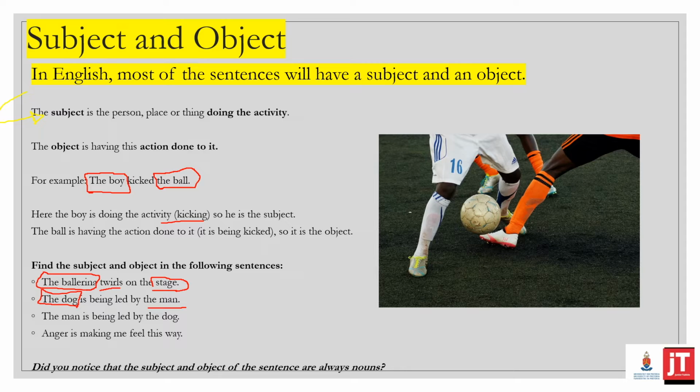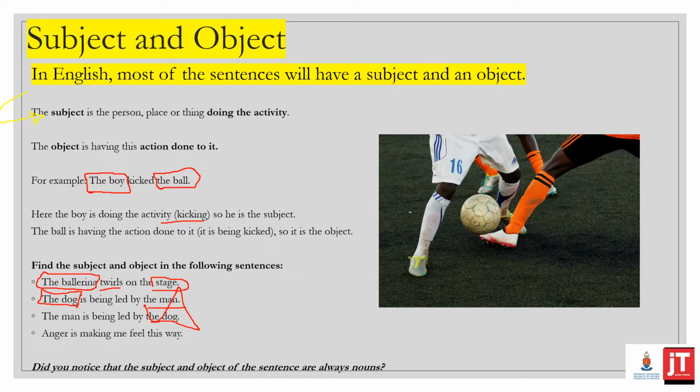It doesn't always mean that the subject is going to be at the beginning of the sentence and the object is going to be at the end. So that's why you've got to ask yourself these questions when it comes to subject and object. The man is being led by the dog. The dog here is the subject suddenly.